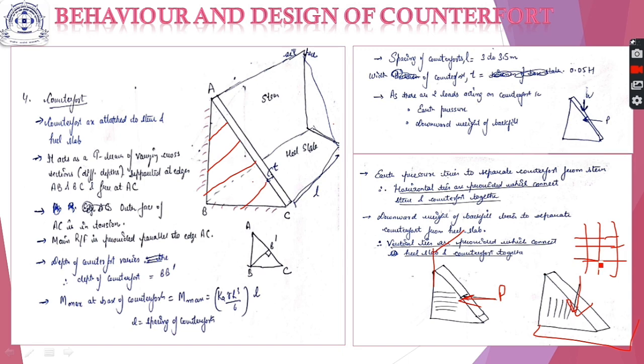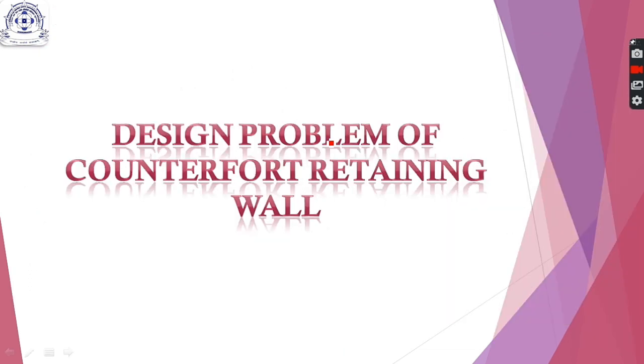If you remember in the first or second slide of this presentation, where I showed you different pictures of counterfort retaining walls, such a mesh was provided in the counterfort. So this is that mesh consisting of the vertical and horizontal ties to resist the P force and the W force. We'll learn the counterfort design in detail later when we do the design problem.